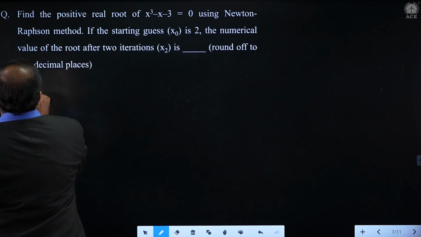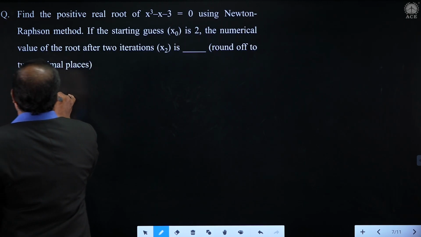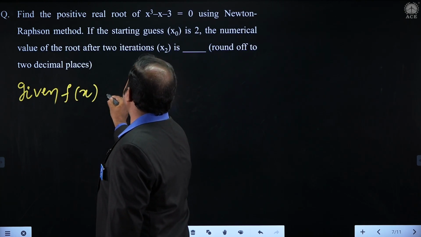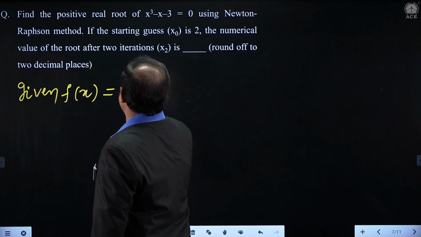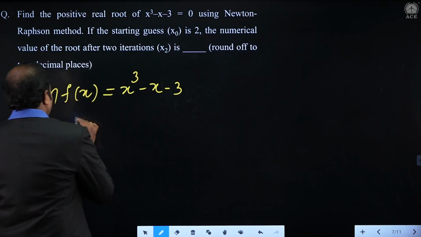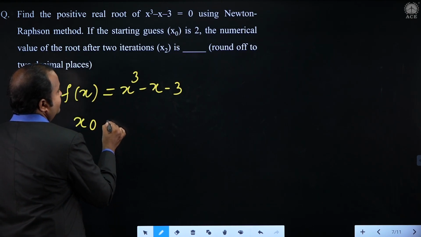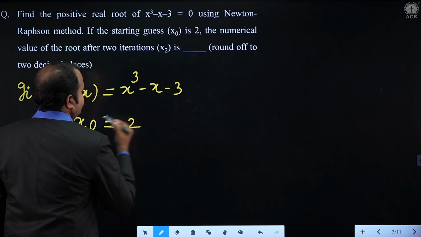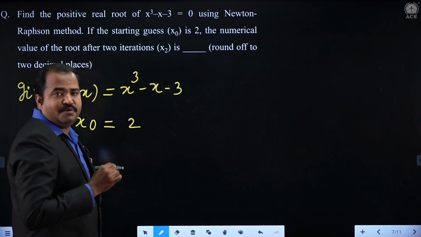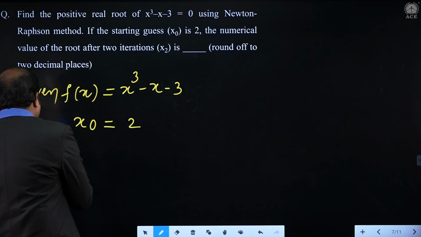So first, given that f of x equal to the function, what is the function? x cube minus x minus 3, and the starting value x naught is given as 2. We know the Newton-Raphson method iteration formula. What is the Newton-Raphson method?